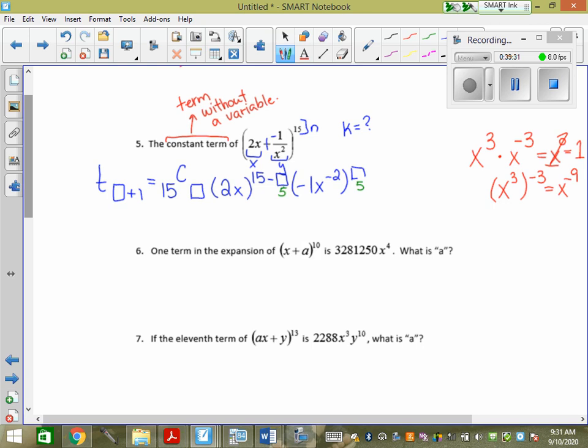X to the 10, x to the negative 10. We found k. So I just start 0, 1, 2, 3, 4, 5. You can do it in an order and then figure it out that way if you want. Or you can just be like, what would I fill into here to make them be the same? But it's going to be 5. So for every box, I'm going to put a 5.